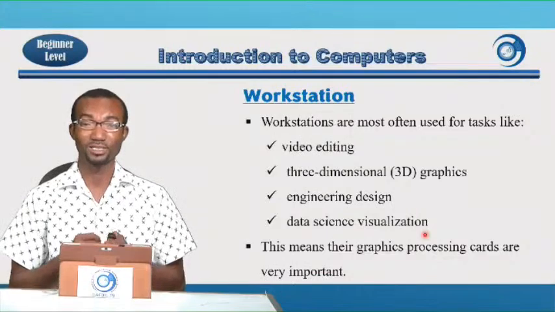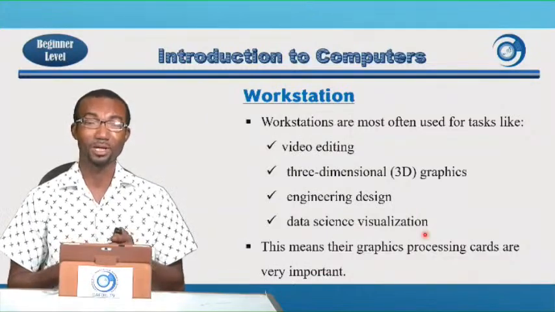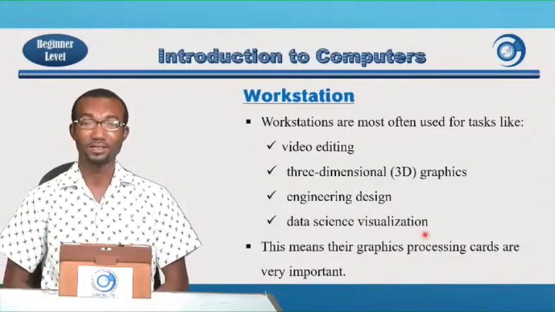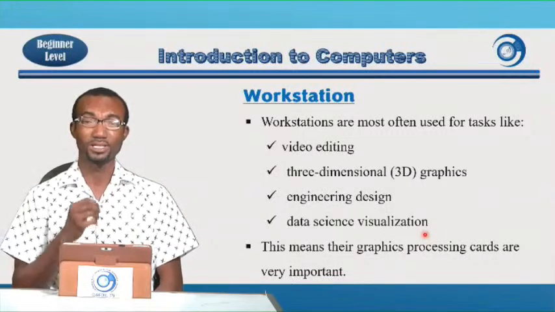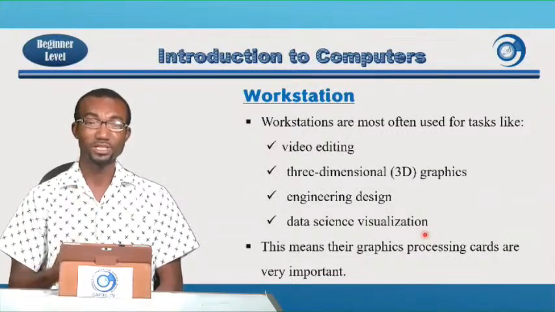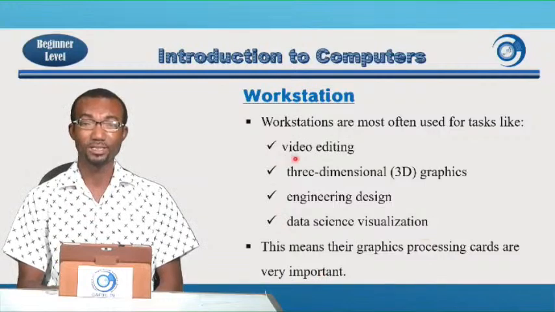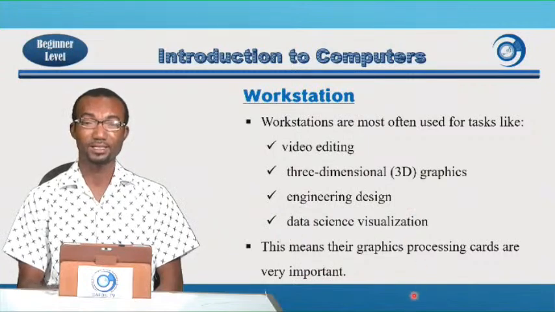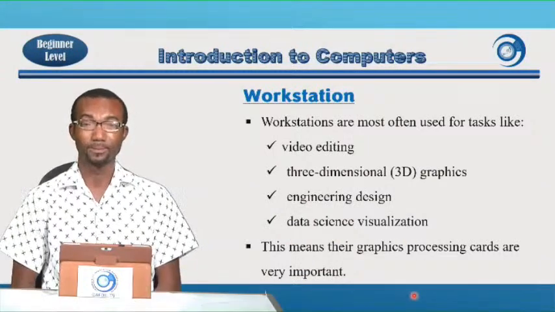When we talk about engineering designs, we are talking about building plans and the rest.